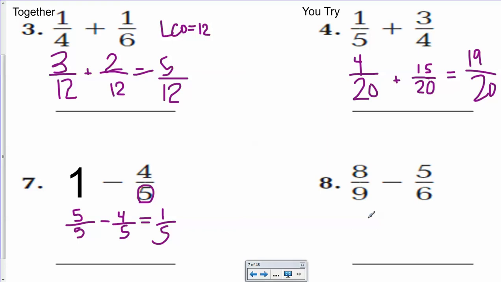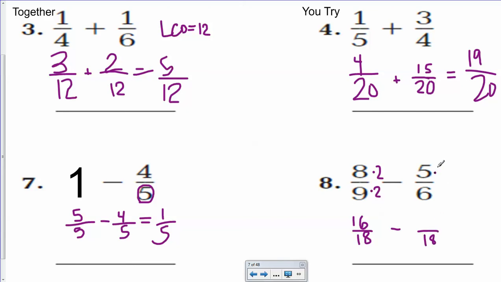And our last problem, our least common denominator between 9 and 6 should be 18. So I multiply by 2, so I get 16. How did I get from 6 to 18?